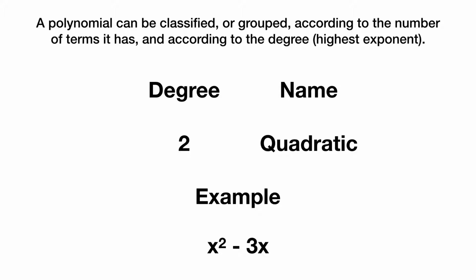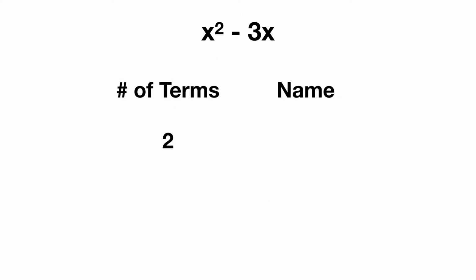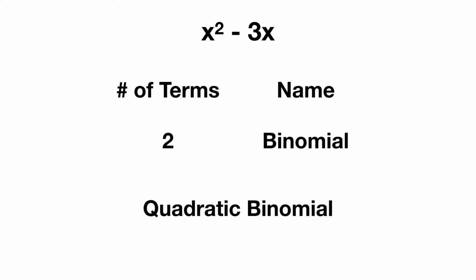And it could. I could have said plus 7. But it doesn't have to be. We could have a quadratic monomial, just x squared. There are so many different options on this. But in this case, we have a quadratic. And how many terms do we have? Only 2, meaning it is once again a binomial. Or more accurately, a quadratic binomial.